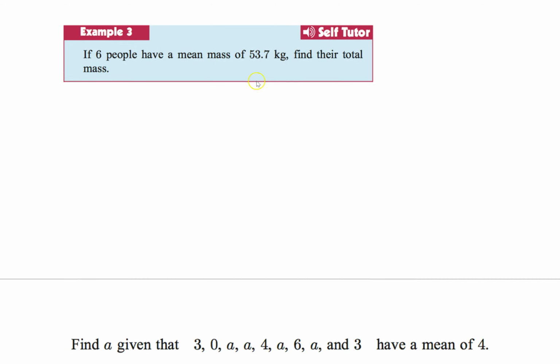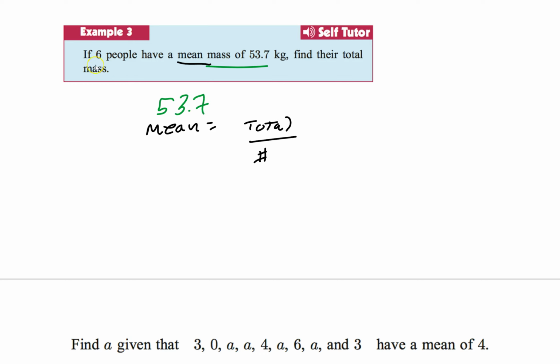So in this one, if 6 people have a mean mass of 53.7, find the total mass. So it has to do with the mean. Now we know how to find the mean. It's the total sum over the total number of values, so the number. In this case, they gave us the mean. So that's 53.7 over here.